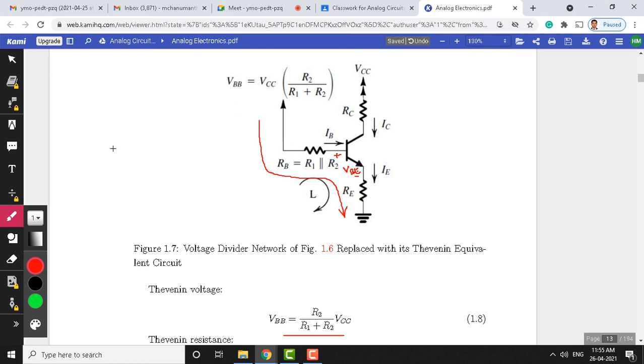Rewriting for your reference: minus VBB, that is the supply voltage here, plus IB times RB, where RB in turn is R1 parallel with R2, plus the base emitter voltage VBE, plus IE times RE, equals 0.